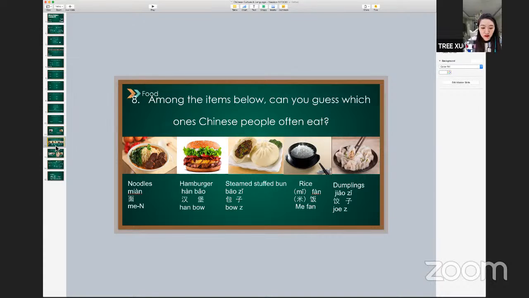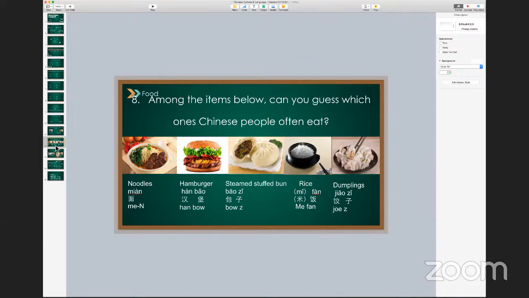Hamburger, 汉堡. Because this word is directly translated from English, the pronunciation is similar, right? Hamburger, 汉堡. 面, noodles.